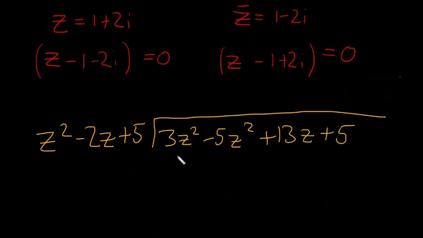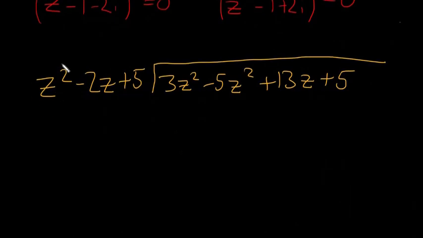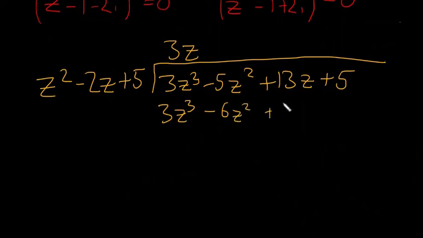Okay, so algebraic long division. We'll just go ahead and bang through this. So z squared into 3z cubed, forgive me, is going to be 3z. Okay, now we multiply 3z by each term here. We're going to get 3z cubed minus 6z squared plus 15z.